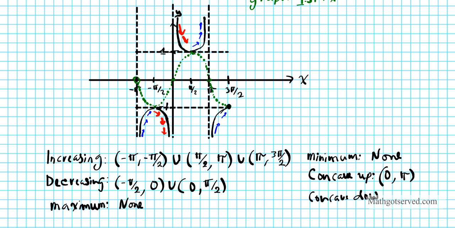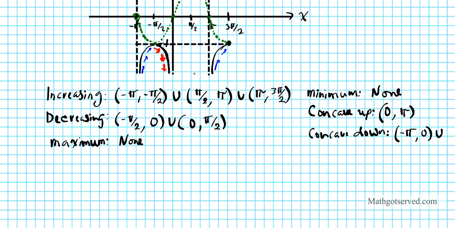Concave down is where we have a complete U or partial U facing downwards. We have a complete U facing downwards here. So from negative pi to 0, union this other piece from pi to 3 pi over 2. Okay, so that's where it's concave down.